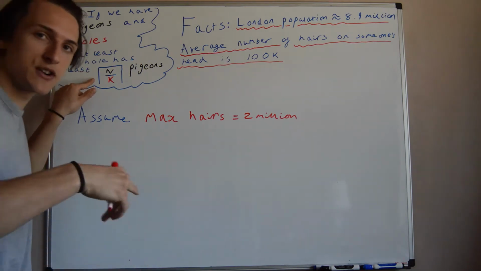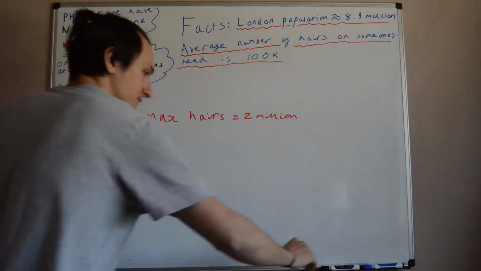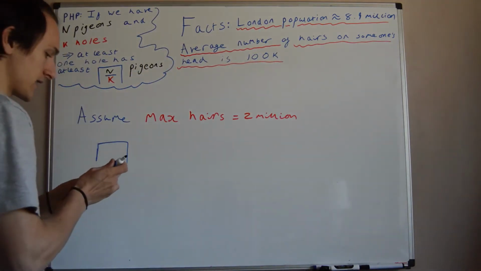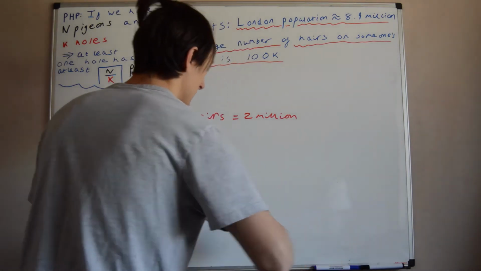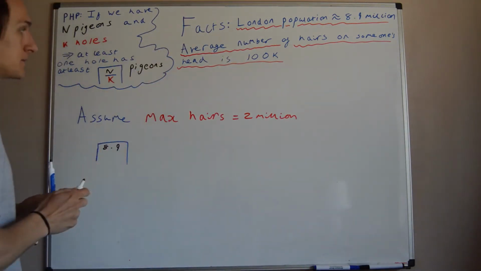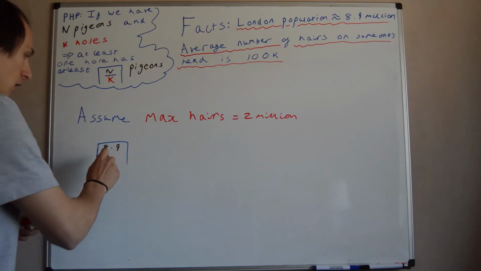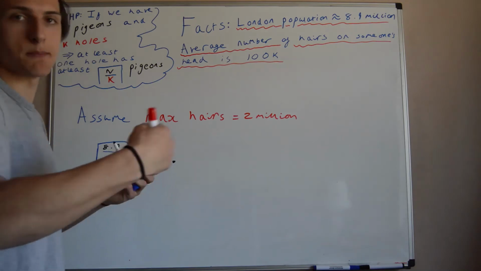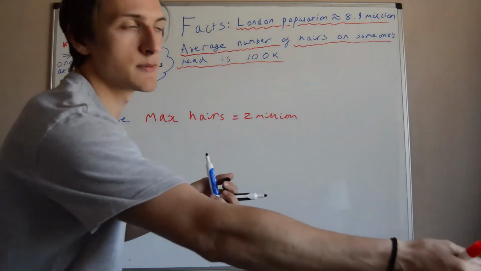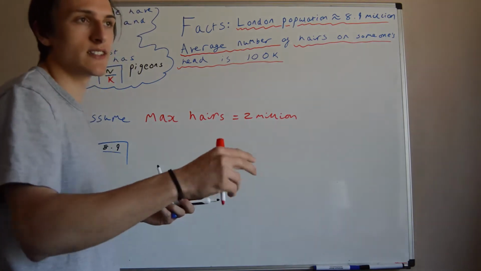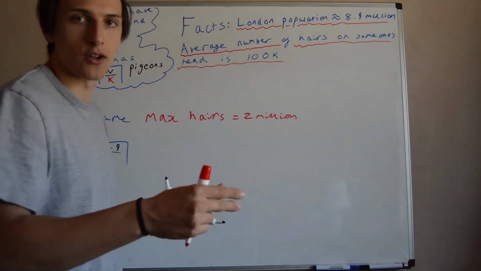Well now we have our holes and we have our pigeons, so let's apply the generalized pigeonhole principle. We're going to take the ceiling of what? The number of objects that we have is 8.9 million, and then the number of holes is, let's say, 2 million. It doesn't matter if the maximum is less, because it just means that maybe no one's in the 2 million hole, and maybe no one's in the 1.9 million hole, and that's fine.